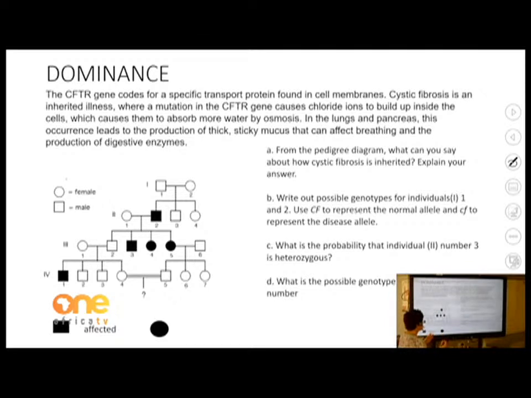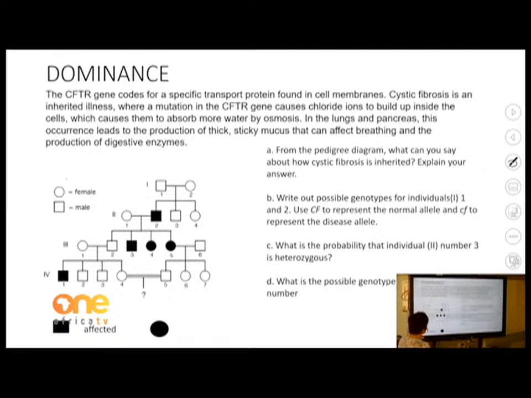It will have a lower osmotic potential, and the water will move into that cell, which causes them to absorb more water by osmosis. Very important. In the lungs and pancreas, this leads to the production of thick, sticky mucus that can affect breathing and the production of digestive enzymes.